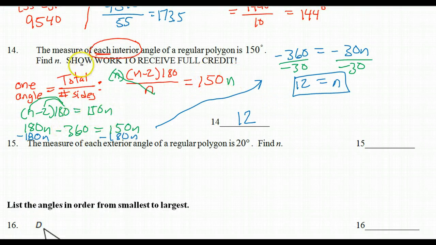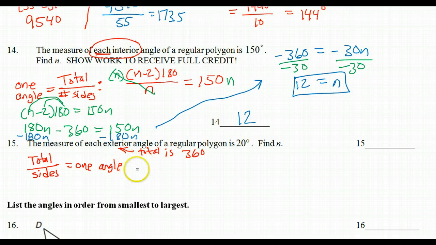Number 15 is actually a little bit easier because of exterior angles. Remember that exterior angles always add up to 360. Exterior angles total is always 360 degrees. So it's like this: the total divided by the number of sides should equal one angle.